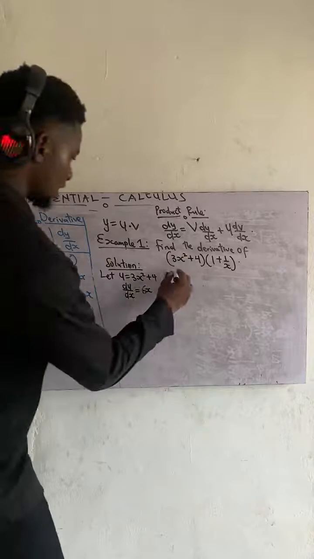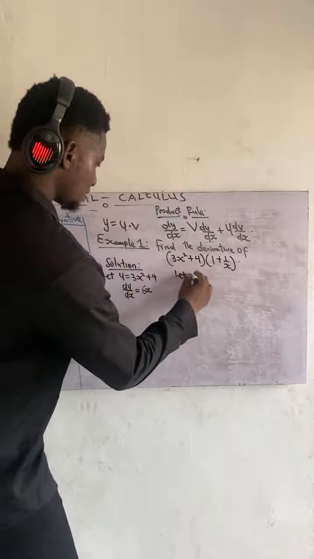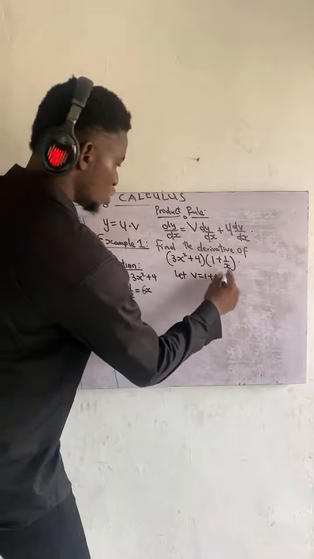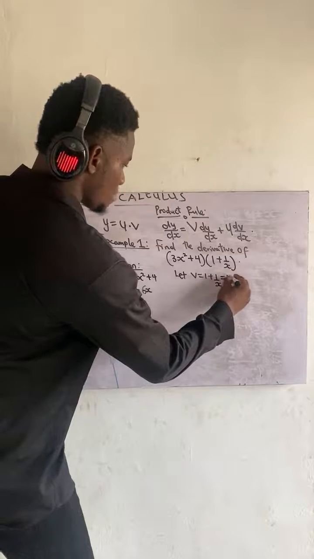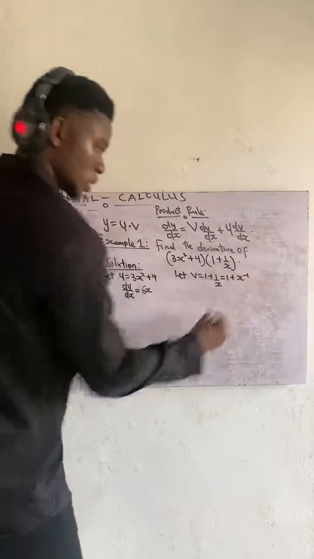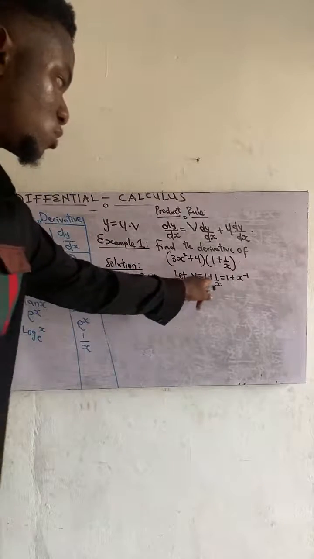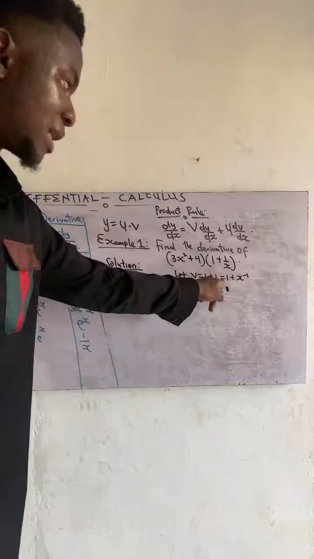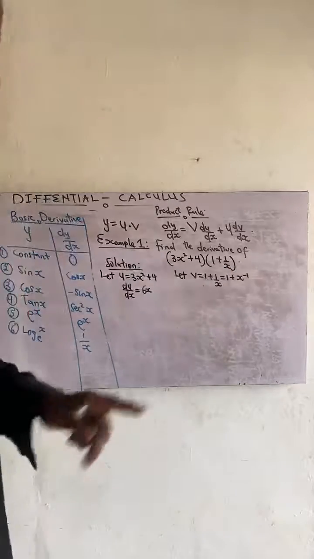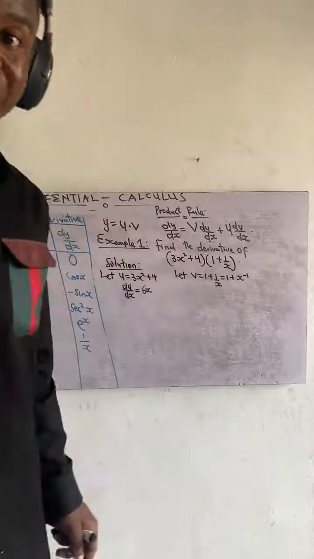Also, let v equal 1 plus 1 over x, which can be rewritten as 1 plus x raised to power minus 1. So you're going to say let v be equal to 1 plus 1 over x, and this 1 over x can be written as x raised to power minus 1. Do you get that? The differentiation of 1 would also give us 0.